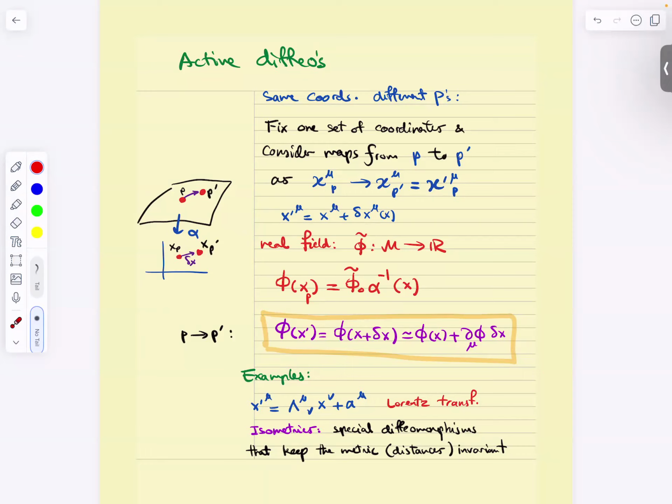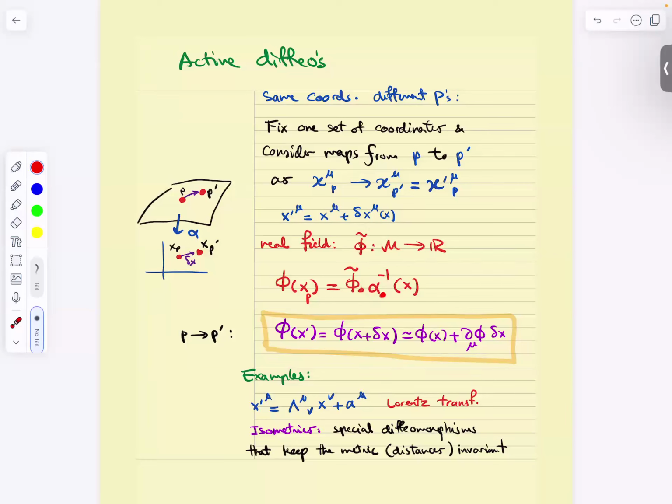Now here comes the catch. When I write phi of x, by my definition, this is not a field in space-time. The field was a map from points on the manifold to complex numbers. So what is this? Phi tilde is the actual field.